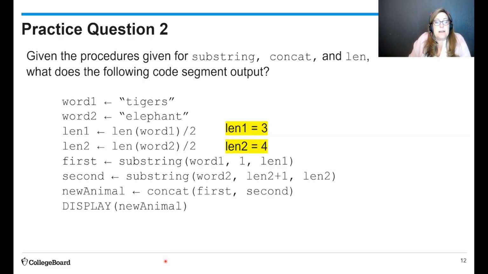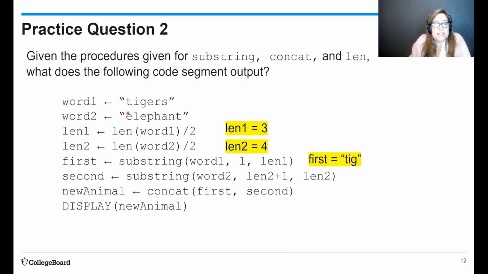Now I'm going to make a substring. First, we'll hold the substring of word 1, which is tigers, starting at index 1 for a length of 3 characters. So I start at T, go 3 characters, and first is tig. Second is going to be assigned the substring of word 2. Now this one is going to start at len 2 plus 1. So 4 plus 1 is 5.